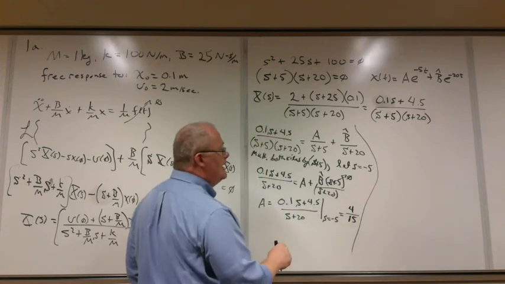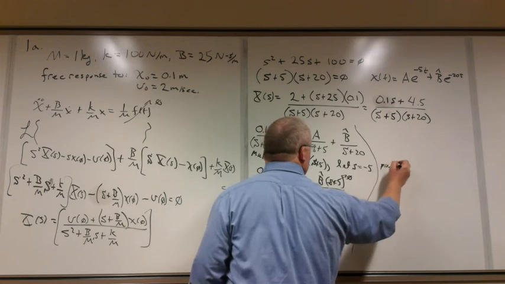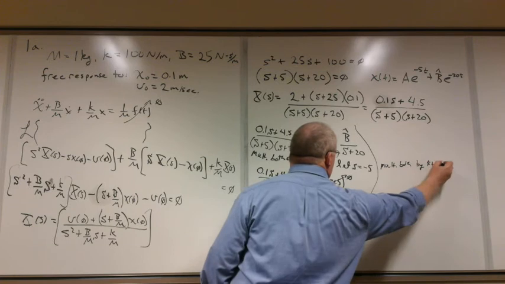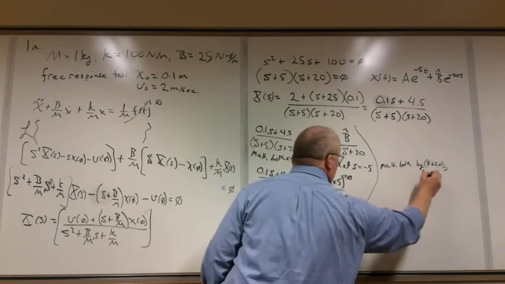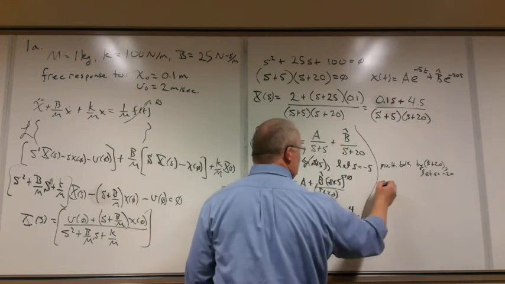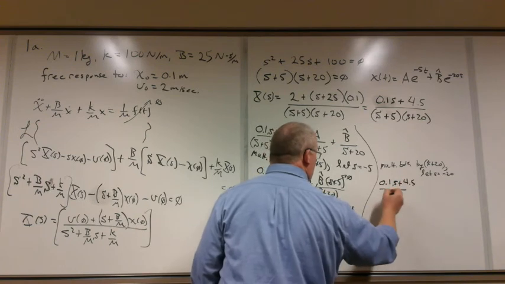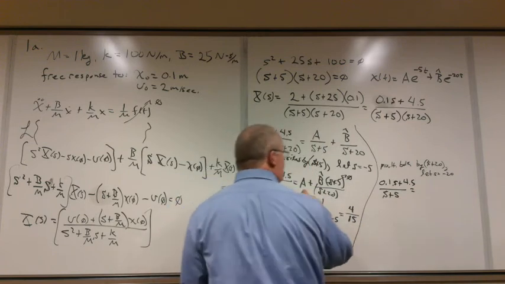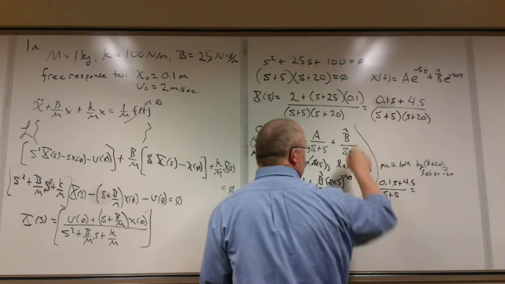Same thing for b hat. Then multiply both sides by s plus 20 up here, and let s be equal to minus 20. If you do that, you have 0.1 s plus 4.5 over s plus 5 is equal to, the a term is going to go to 0, because when we multiply by s plus 20 and we let s go to negative 20, it goes away.